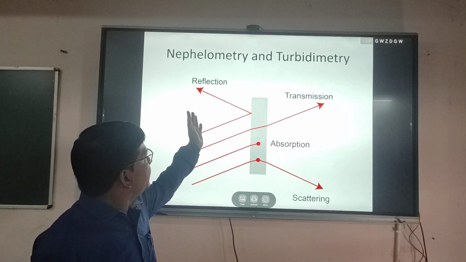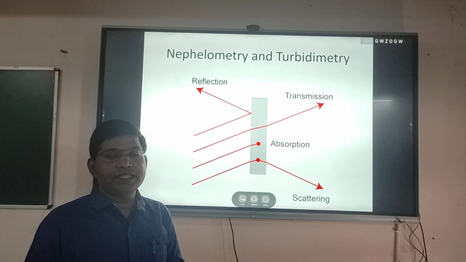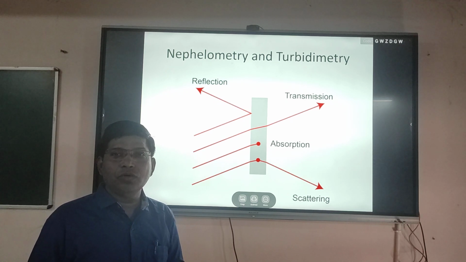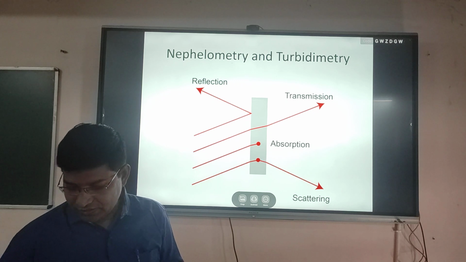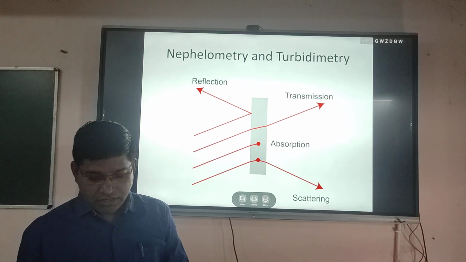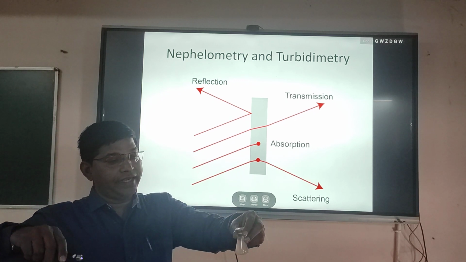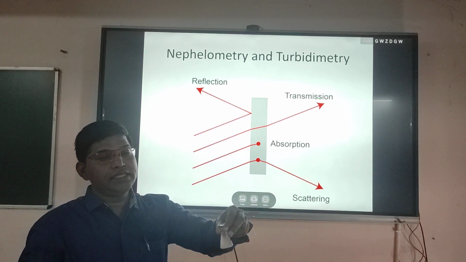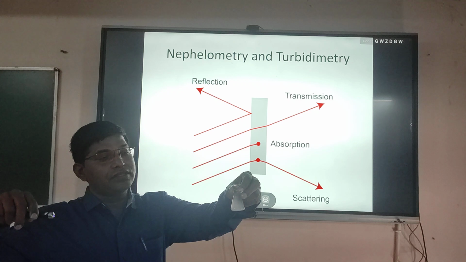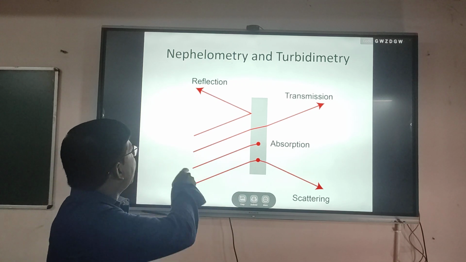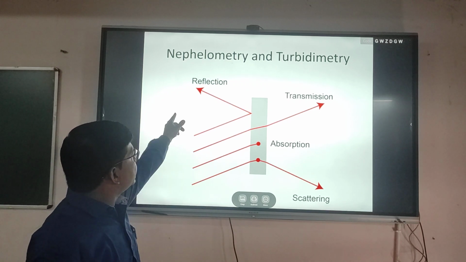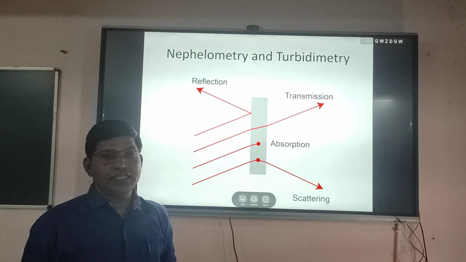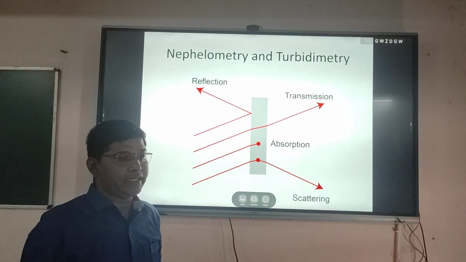But in both of these techniques it is scattered radiation, as we know that in spectroscopy when we pass monochromatic light to any solution, different phenomena occur, like reflection, transmission, absorption, and scattering.